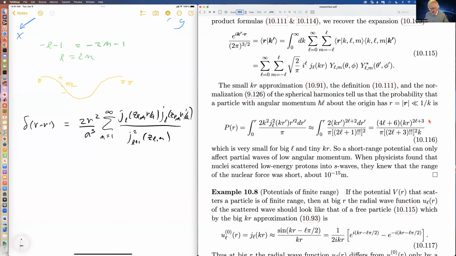It's that for high L, the probability is very small, provided kr is small, because it's a power of kr. And for L equals 0, it's just kr cubed. And part of that, in fact, is just taken up by the volume of the sphere, which is 4 pi r cubed over 3.